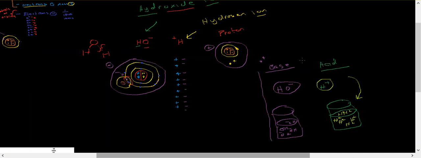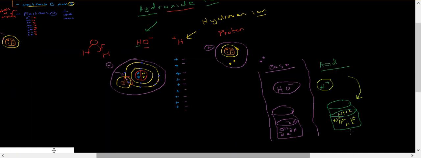So if you want to distinguish an acid from a base, an acid has lots and lots of hydrogen ions, the amount present inside of it will be huge. Whereas if you take a base, they have a load of these hydroxide ions present. They'll have more hydroxide ions present.